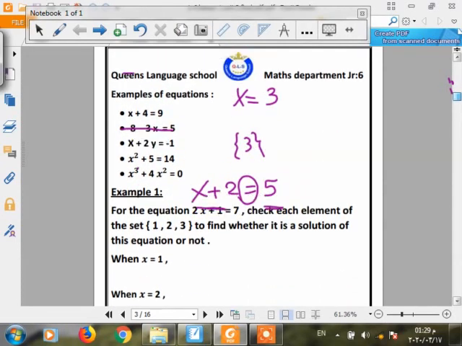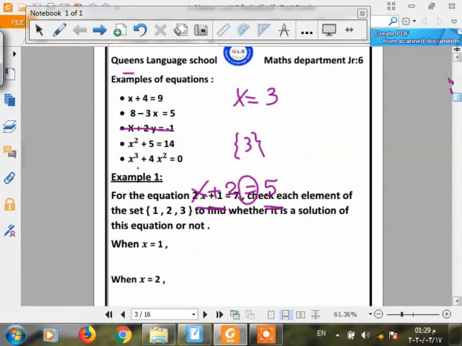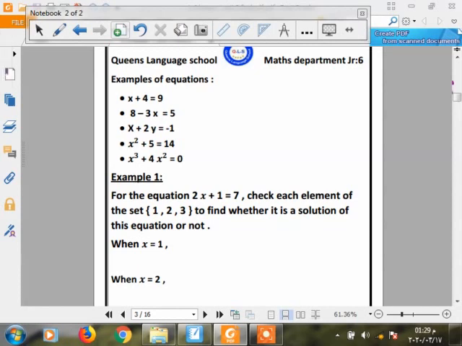We will take examples of equations. The first one is x plus 4 equals 9. As we see, we have a mathematical statement consisting of two expressions with an equal sign between them. One or both has one or more unknowns.